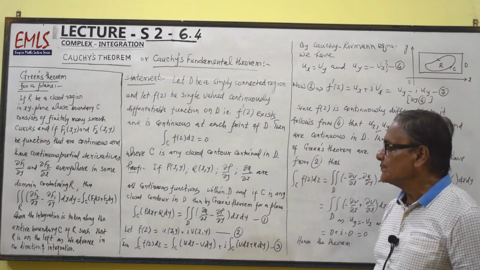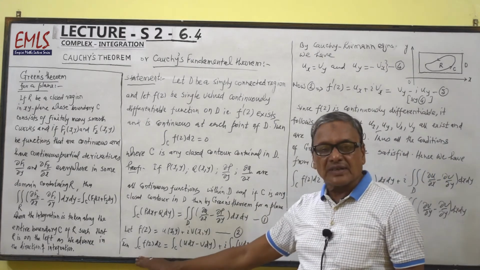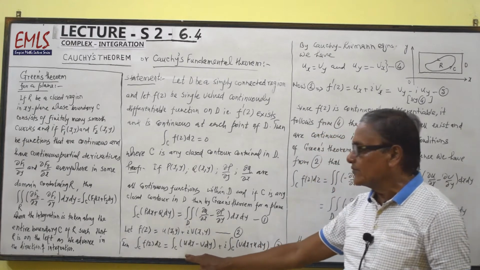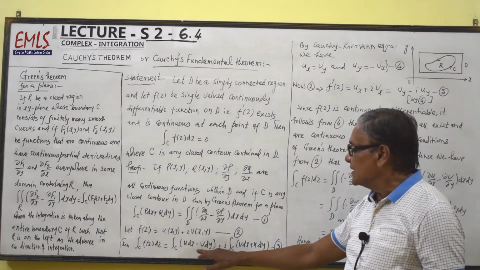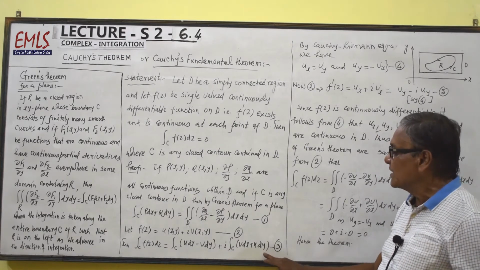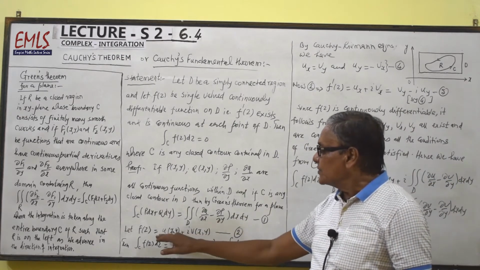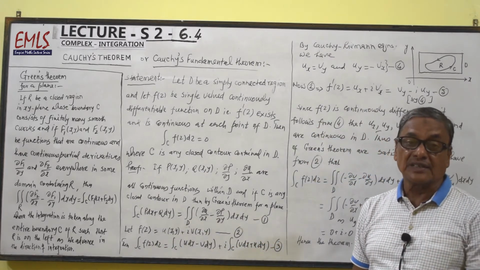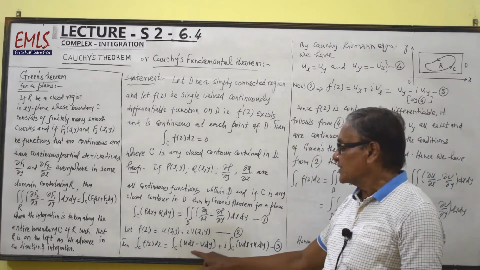Suppose number 2. Then we can write the line integral over C of f(z) dz equal to the integral over C of u dx minus v dy plus i times the integral over C of v dx plus u dy, by simply putting the values of f(z) and dz. z is x plus iy, so dz will be dx plus i dy.